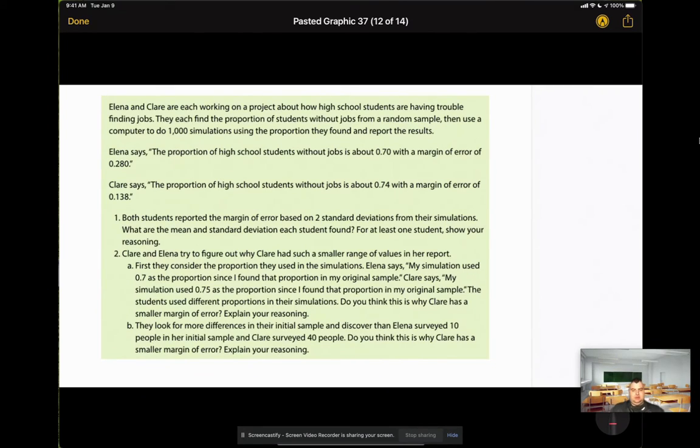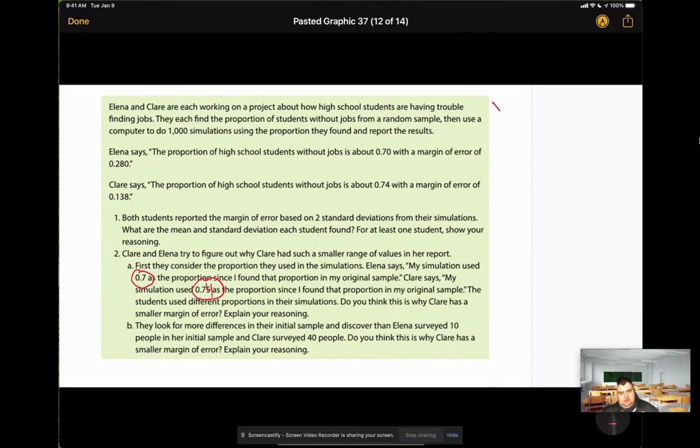It has nothing to do with the mean. Remember, 0.7 was the mean for one, and 0.7, this should be 0.74, that's a typo, was the mean for the other. So we don't use the mean when we figure out margin of error. We use the standard deviation, and if we want to increase or decrease the margin of error, we increase or decrease our sample size. So do you think this is why Claire has a smaller margin of error?